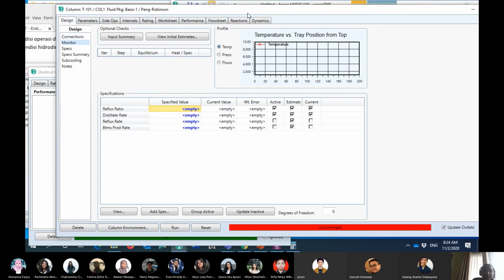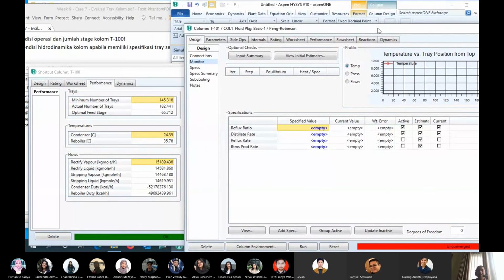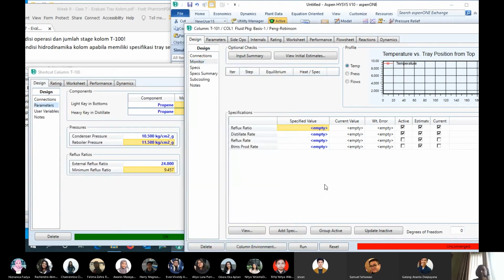Okay, and then I will monitor in here. Okay, so what I have to do is I will add spec. Okay, oh, reflux ratio in here is around, what is this one? 24. I will put this one as 24.